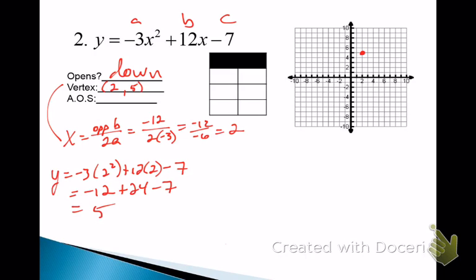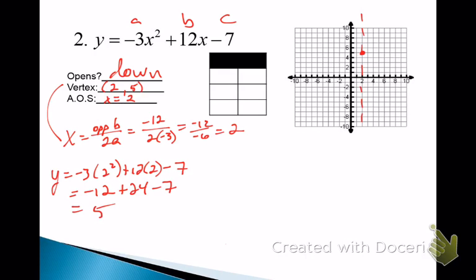Now the axis of symmetry is going to go through that. So we draw a dotted line through the vertex, and it's going to be vertical, because right now the axis of symmetry is always vertical. And the equation is just going to be x equals, so x is going to be equal to 2, because x is always 2. Now what you should start to find out is that the axis of symmetry equation is always going to be x equals whatever the x is for the vertex.